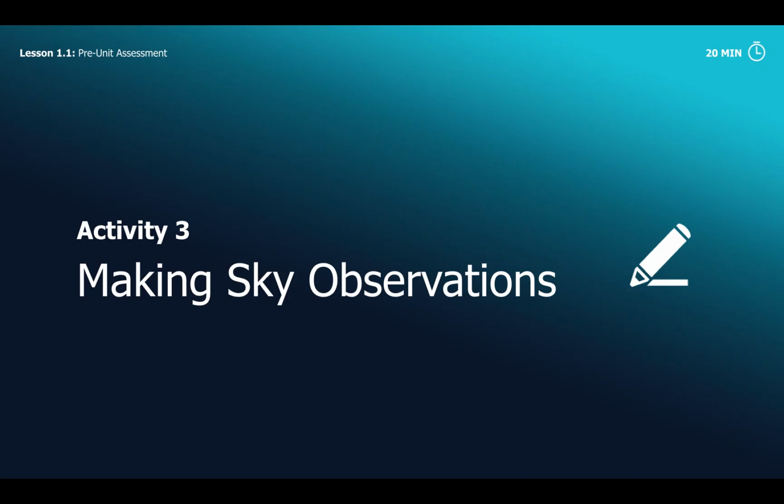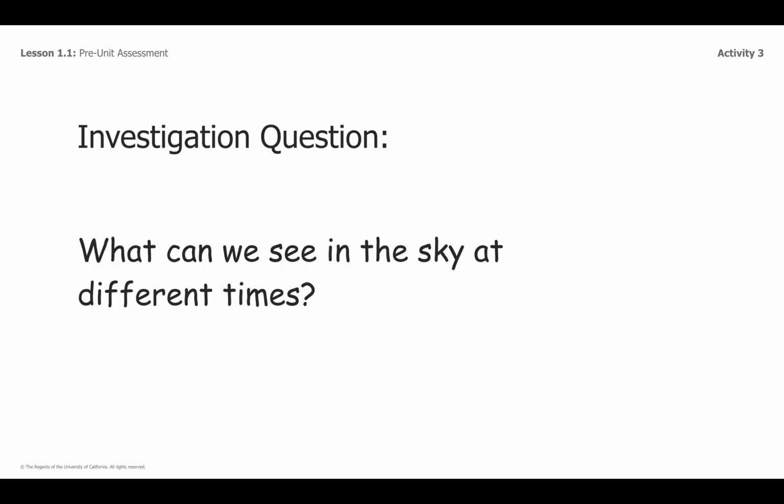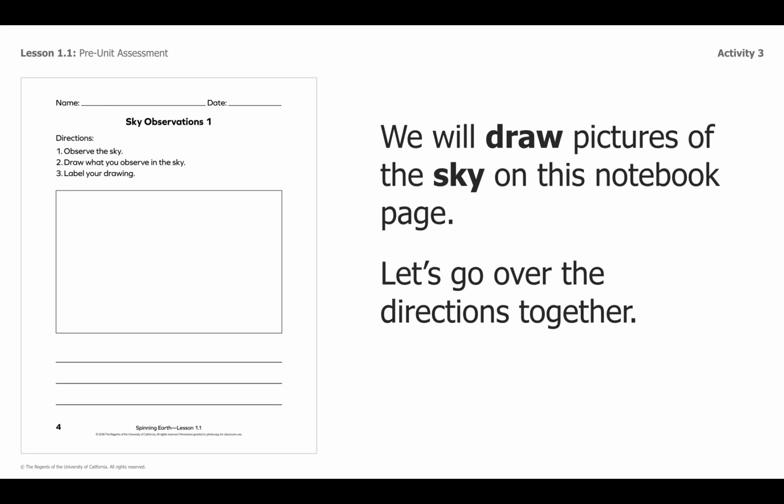And the activity that I'm going to ask you to do is to make observations of the sky. And you could do this through a window. You do not have to go outside. So the question is, what can we see in the sky at different times?